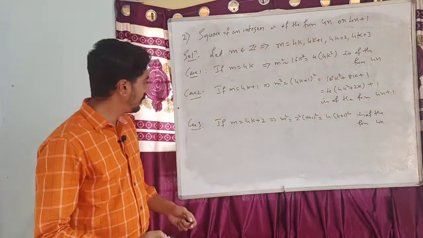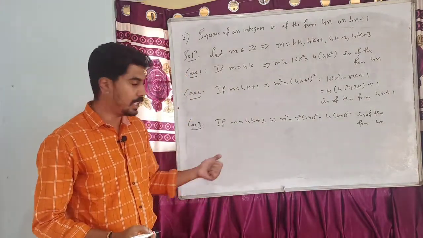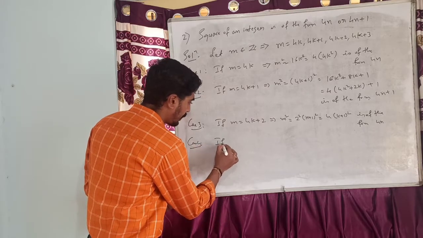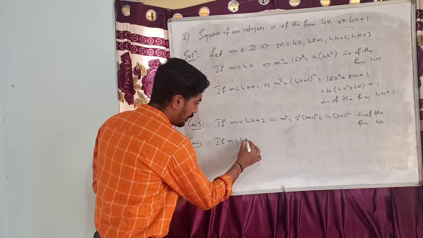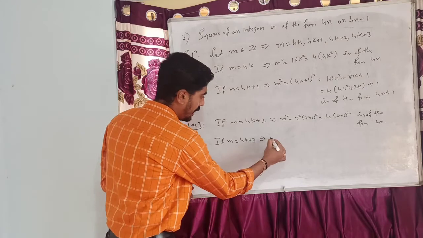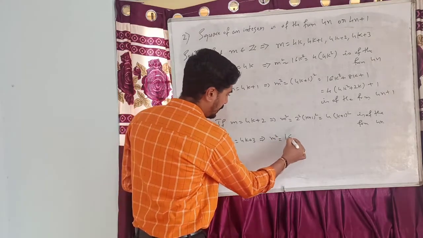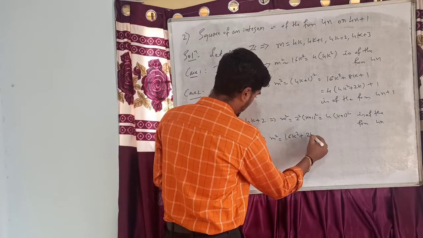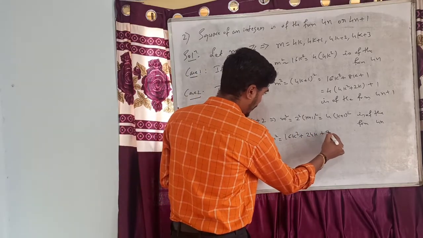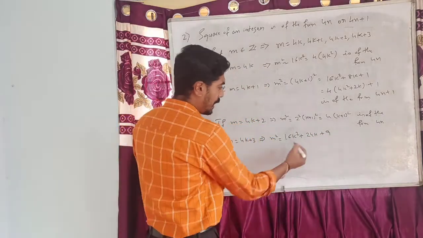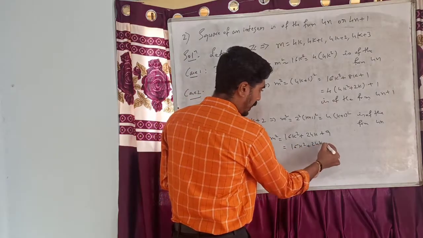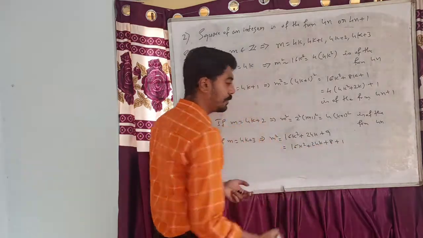And finally, in case 4, if m equal to 4k plus 3, then m square will be 16k square plus 24k plus 9. This can be written as 16k square plus 24k plus 8 plus 1.